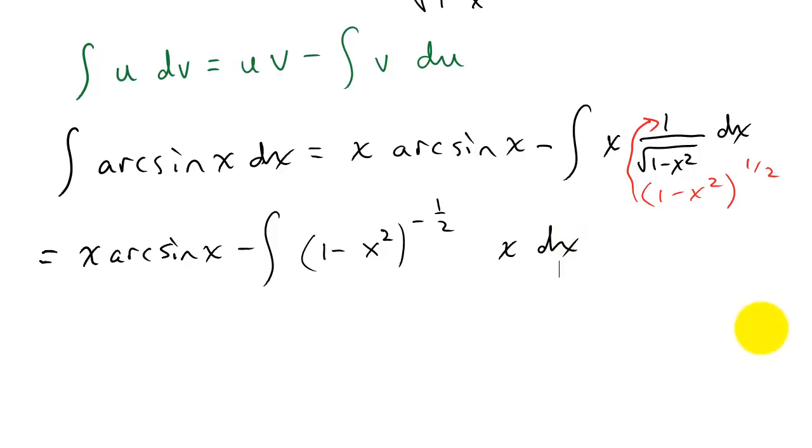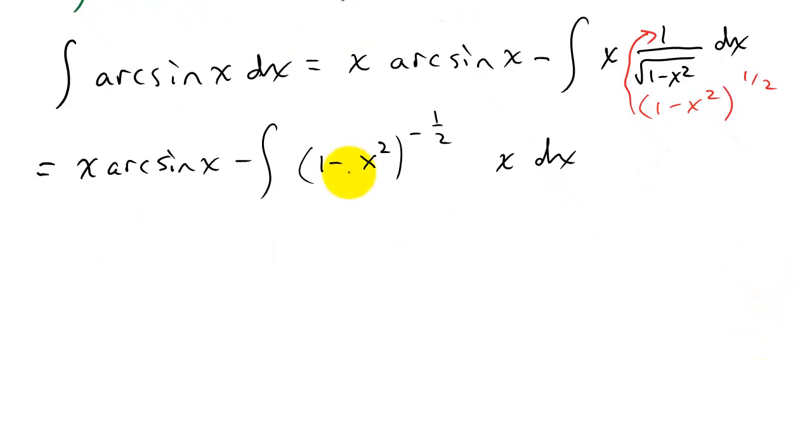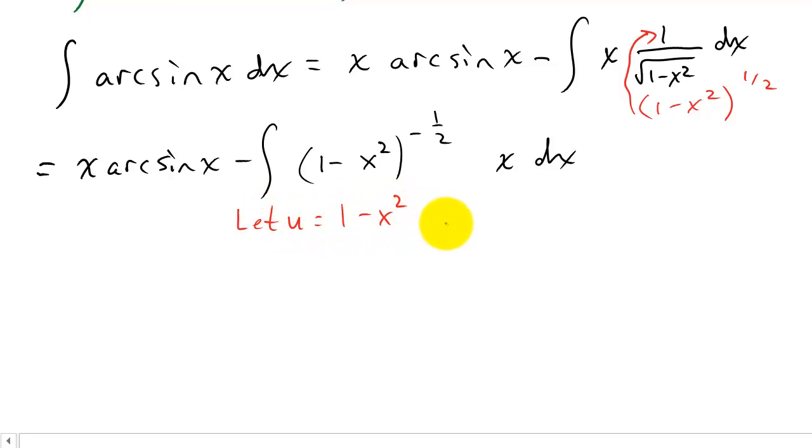Alright, so to do my u substitution, I'm going to let u equal 1 minus x squared. So du is going to be, take the derivative of this, that's going to be negative 2x dx. Now, remember how to do the u substitution. Well, the u I'm going to put in the place of 1 minus x squared. And then you see this negative 2x dx.